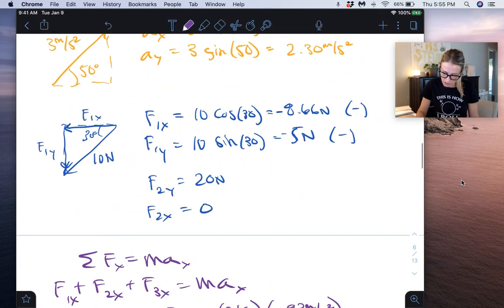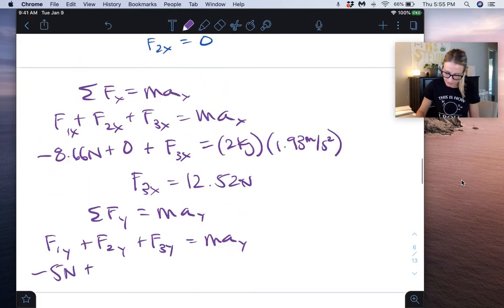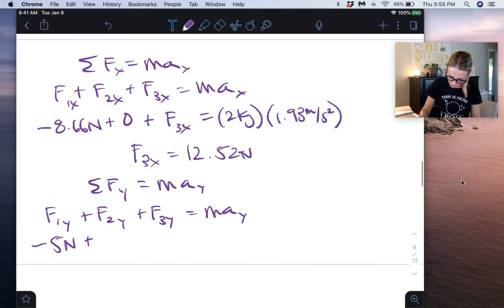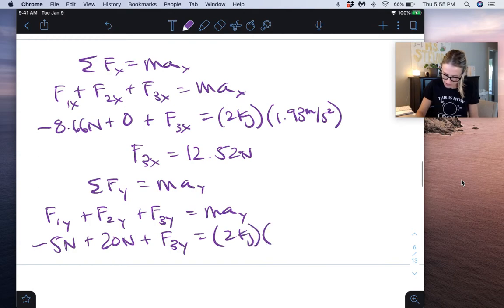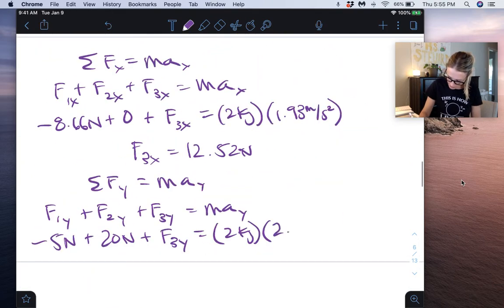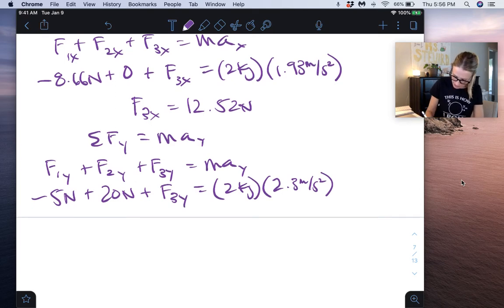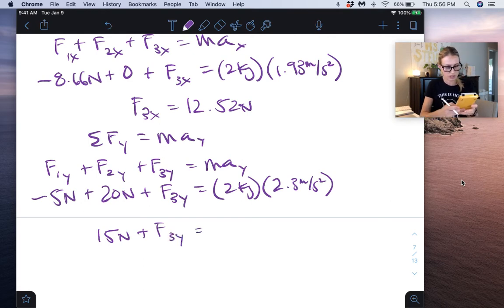Force 1 in the y direction was -5 newtons, plus force 2 in the y direction was 20 newtons, plus force 3 in the y direction, which is what we're solving for, equals the mass of the tin, 2 kilograms, times the acceleration in the y direction, 2.3 meters per second squared. So we get -5 plus 20, which is 15 newtons, plus force 3 in the y direction equals 2 times 2.3, which is 4.6.